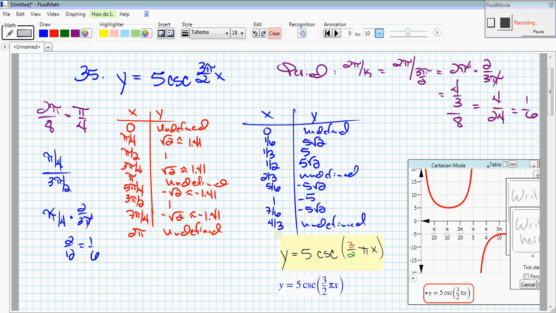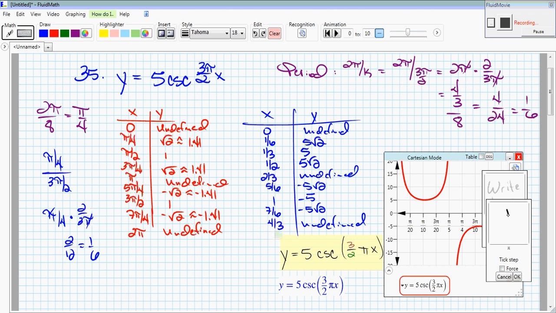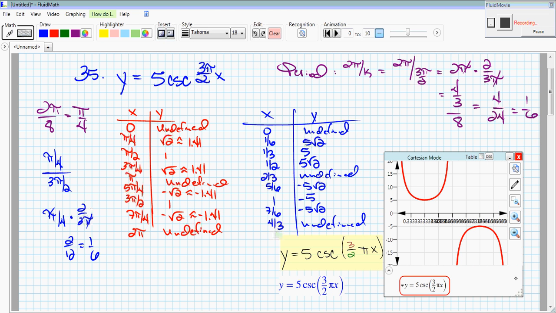We're going to force this to be 1/6. Oh, that's horrible. But what we get is here at 1/6, and at 1/3 it appears to be 5, but this is correct.